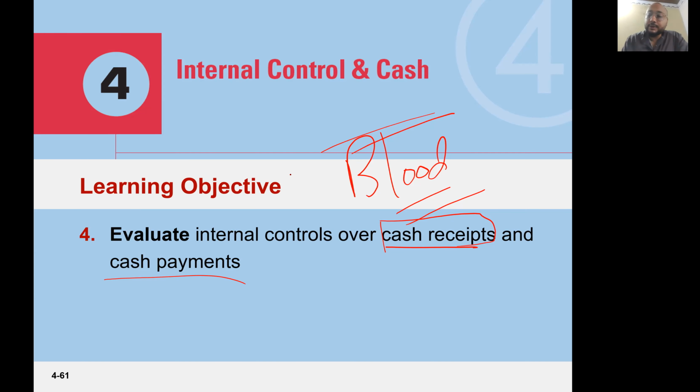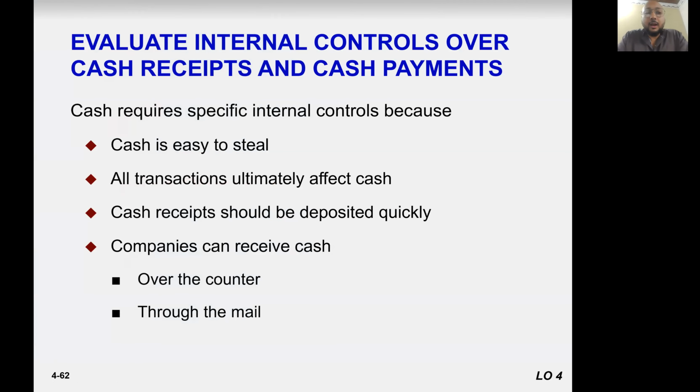It is easy to steal. So how can we add another layer of protection on our cash? Why do we need internal control specifically on cash? Because it's easy to steal. All transactions ultimately affect cash.